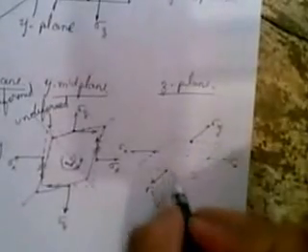Points where the stress is interacting are these. So it is sigma x and sigma x, sigma y and sigma y.